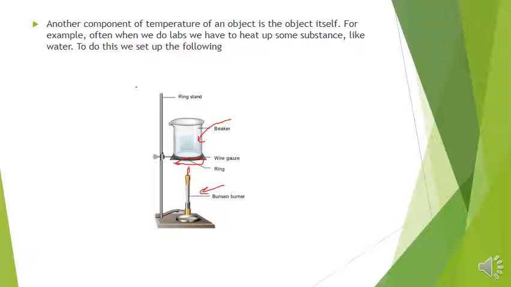Then, a little added thing, I'm going to put a thermometer in the water, and I'm also going to attach a thermometer to this ring, and I don't want it sticking directly in the heat. I'll have it over here, so I'll have a thermometer over here.